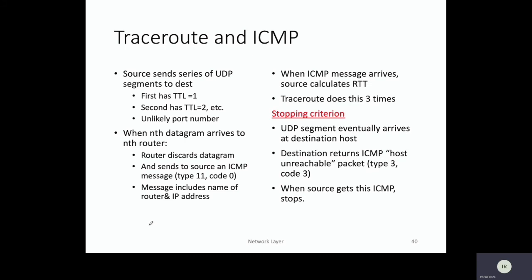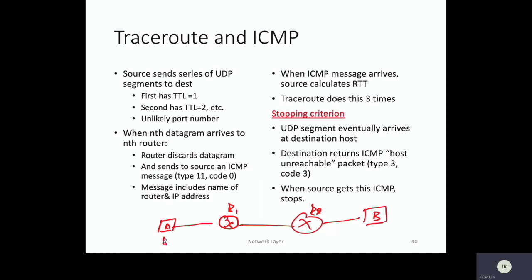For example, let's try to understand this with the help of an example. So say I have a node A here, and node A is connected to a router R1, and R1 is connected to another router R2, and R2 is connected to the machine B, which is the destination machine here.